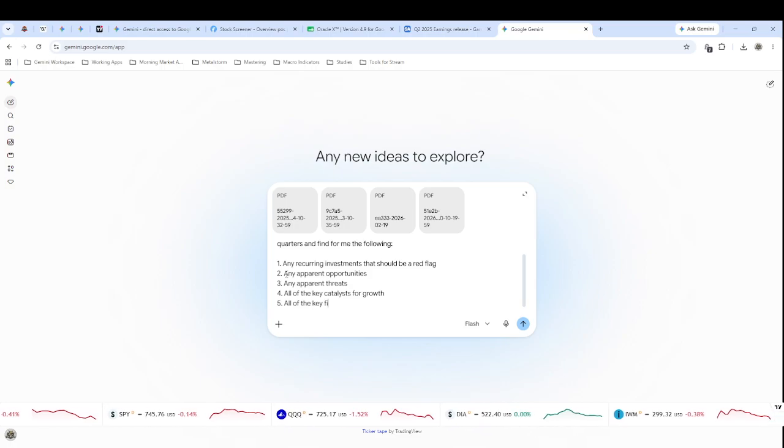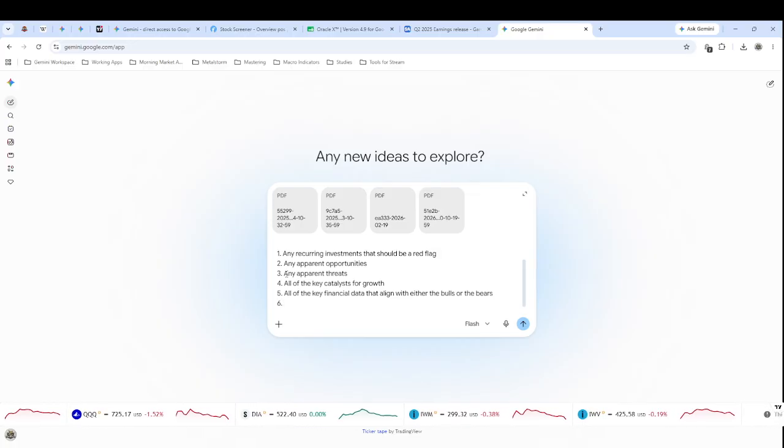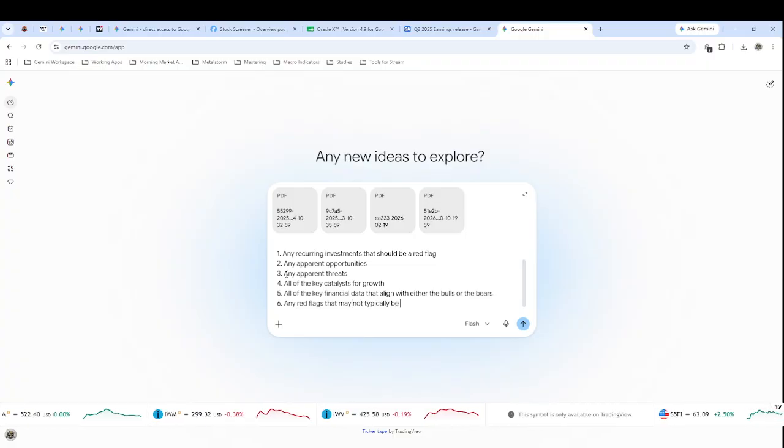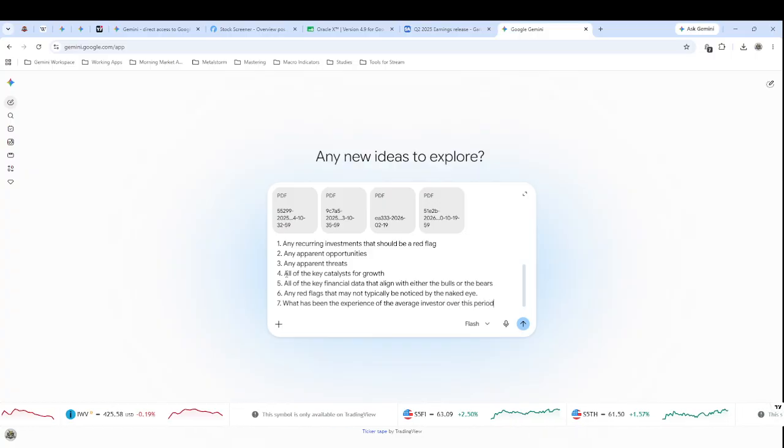The financial news. Six, and last but not least, what has been the experience of the average investor over this period?